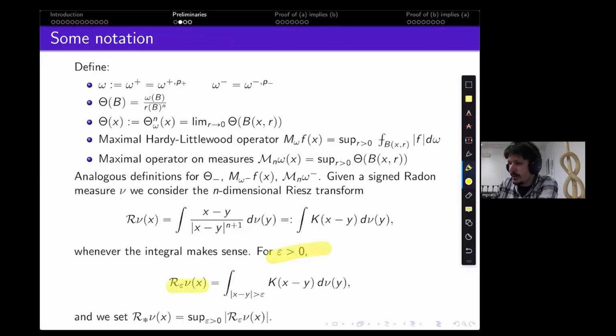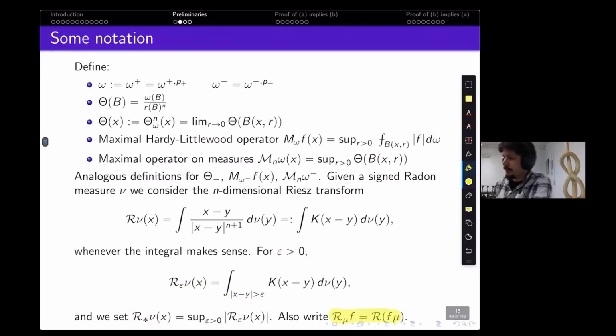This is the truncated Riesz transform. Okay. So here we avoid the singularity, and R star will be the maximal Riesz transform, so you take the supremum amongst all the truncated possibilities. You also write R mu f equal R of f mu. Well, anyway, it's just the Riesz transform as always.